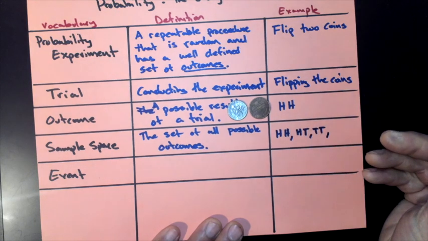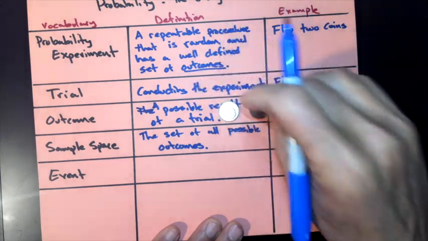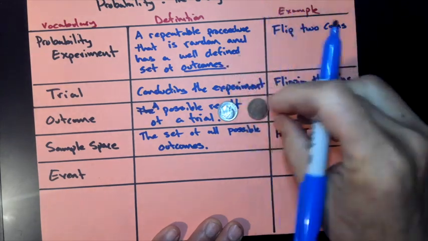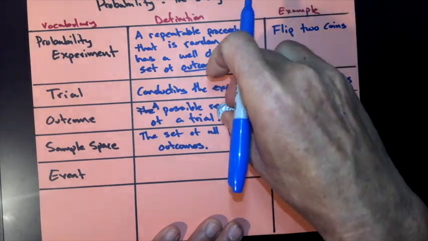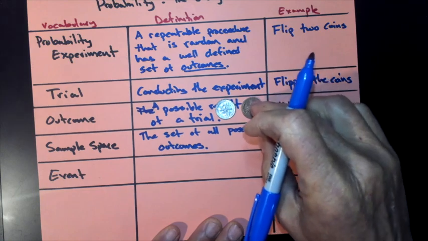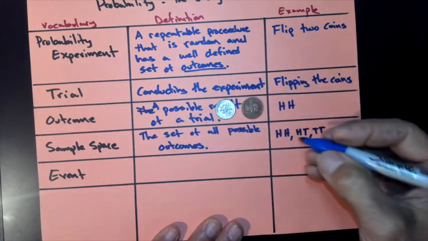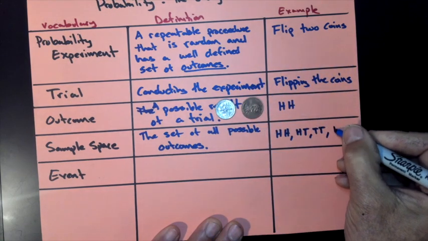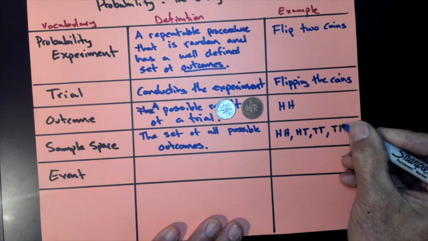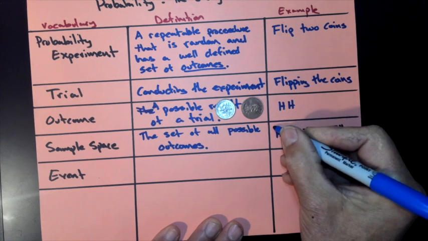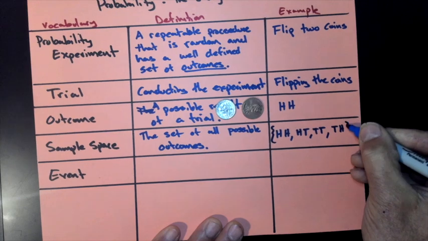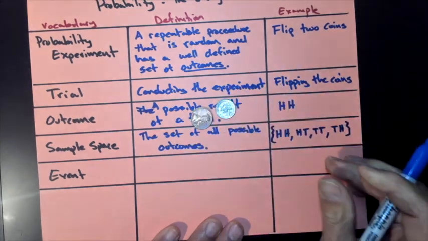Now I missed one, because I got heads on the dime and tails on the penny, but it's essentially a different result if we switch these. So we get heads, tails, heads. You might think that's the same thing, but it's not. Now this would be the same thing.